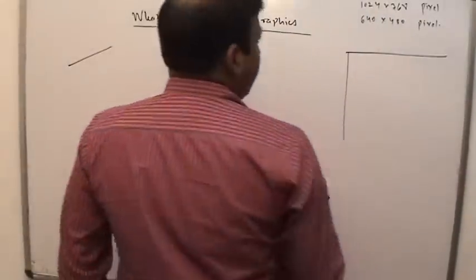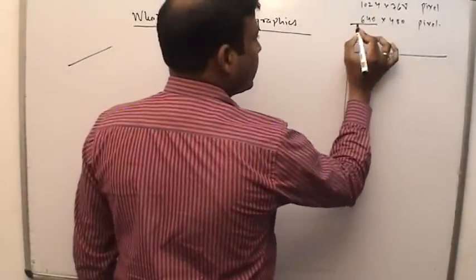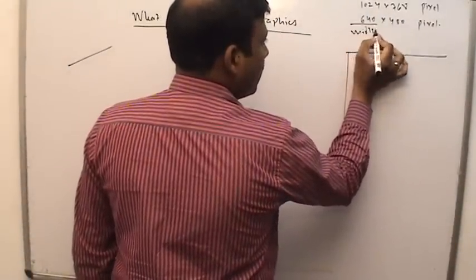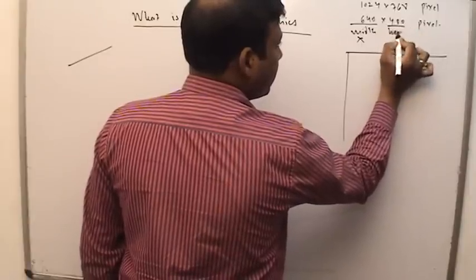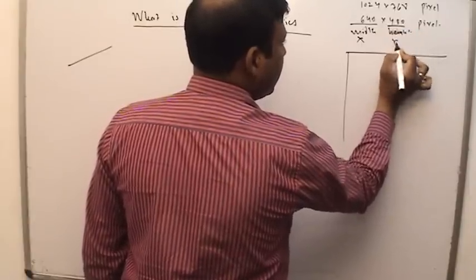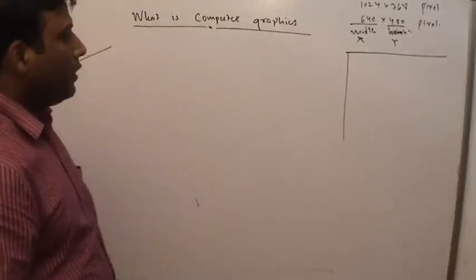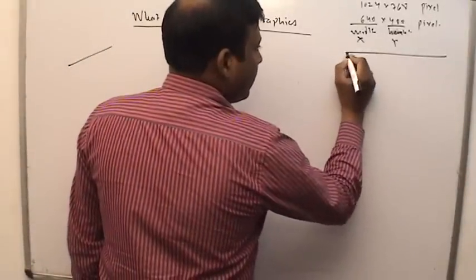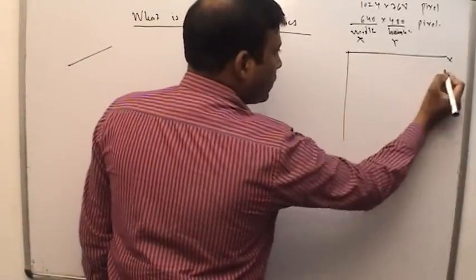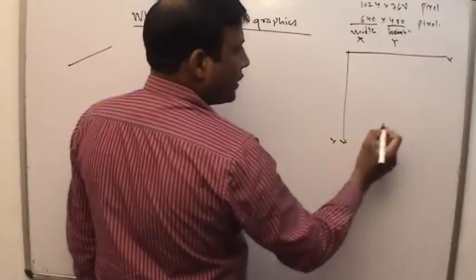This is the width, x, and this is the height, which we denote with y. In the coordinate system, this is the x coordinate and this is the y coordinate.